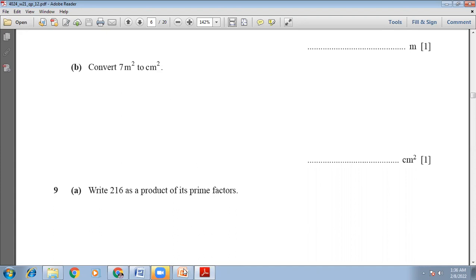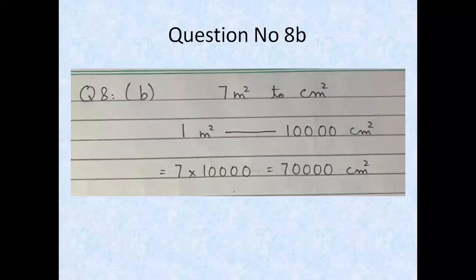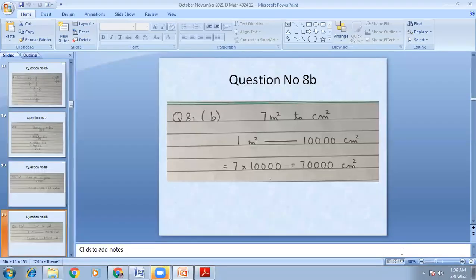Let me show you how this is done. So 7 meters square equals to, if you want to convert it into centimeters square, 1 meter square equals to 10,000 centimeters square. So you multiply your measurement with 10,000. So the final answer will be 70,000 centimeter square.